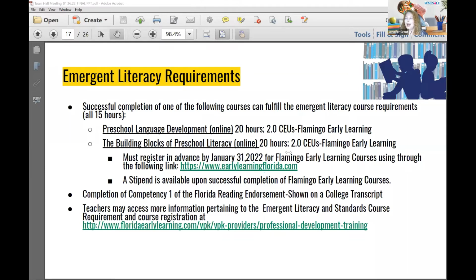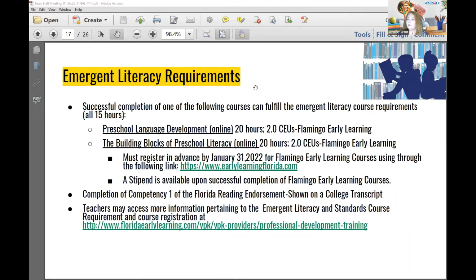We're learning as we go with this as well, folks, so I appreciate your patience. If they were taken before 2020, they don't count. The rationale is that it was in a new law, and some of the courses incorporated all the pieces in the law previously, and some did not. So some of them do count, as you saw on the list that we just went through. It's just that not all of them would count towards the law as written this last year.